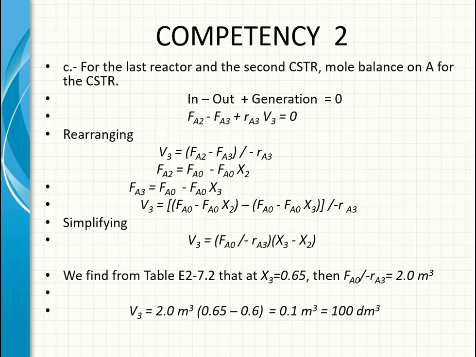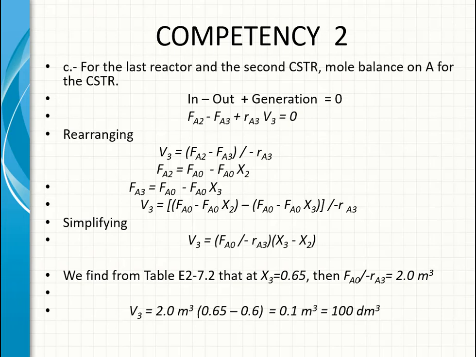V3 is equal to FA2 minus FA3 divided by minus RA3, and FA2 is equal to FA0 minus FA0 times X2, and FA3 is equal to FA0 minus FA0 X3. So if we rearrange this equation, we will have that the volume 3 is equal to FA0 divided by minus RA3 times X3 minus X2.